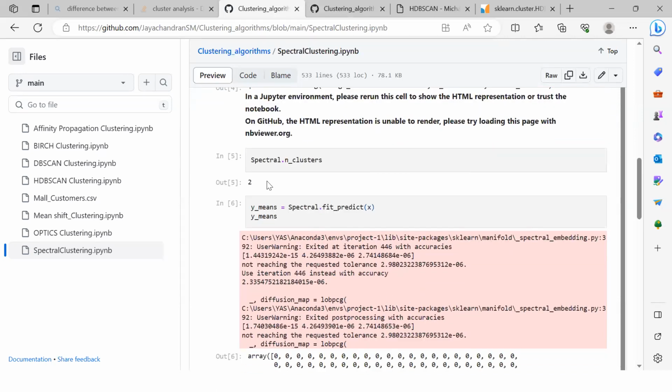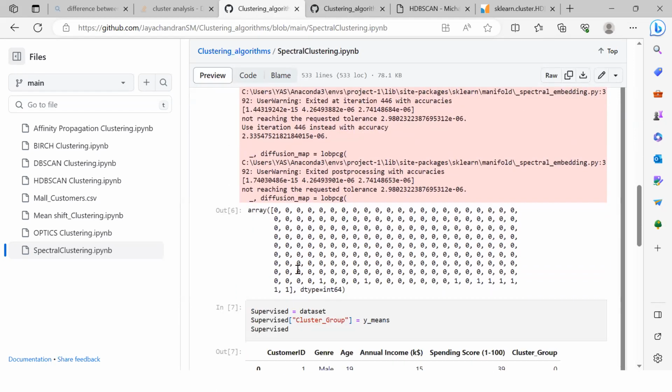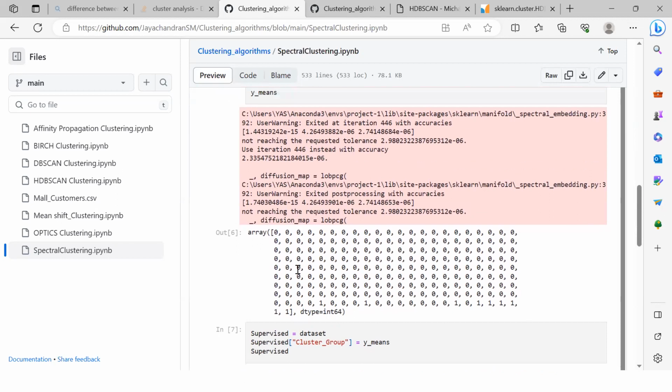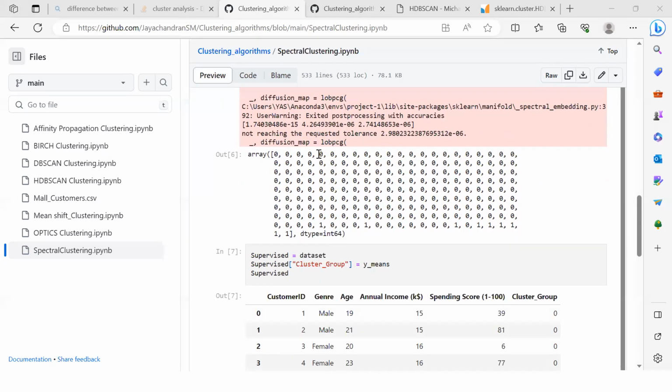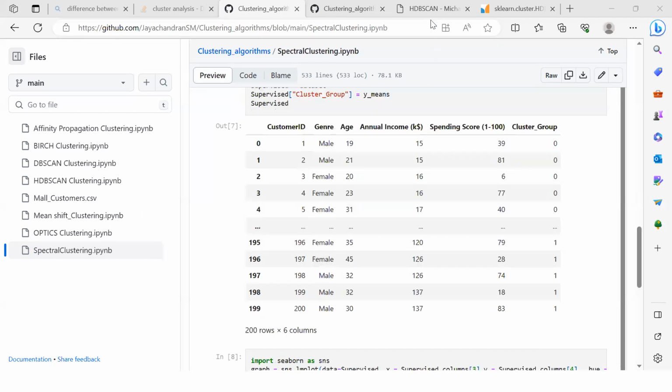I'm getting two clusters. I'm just trying to identify the output value. I got two, one is zero and another is one, using which I'm creating the cluster column within the existing data set. Let me tell you what I have done exactly.